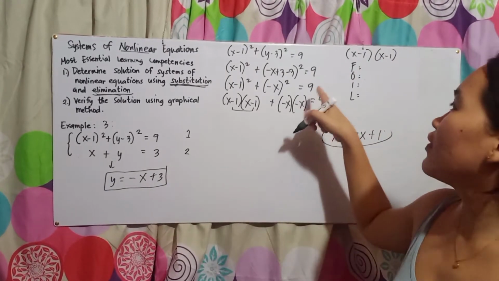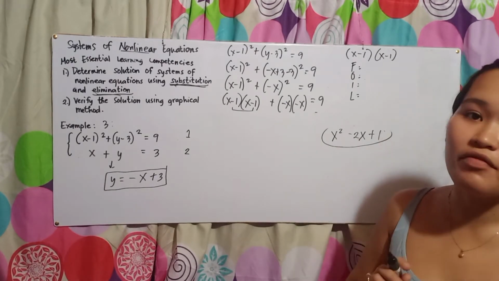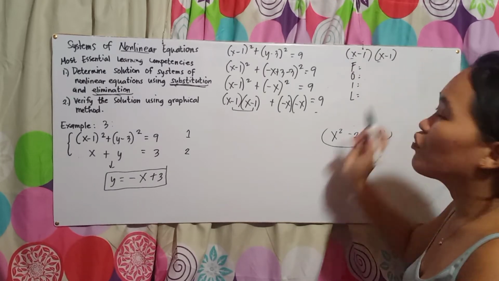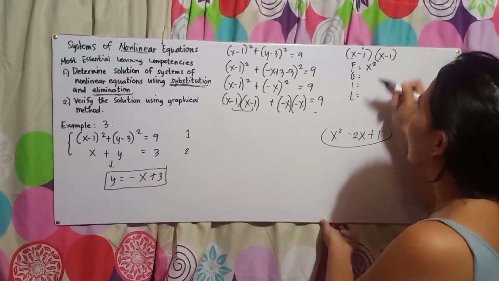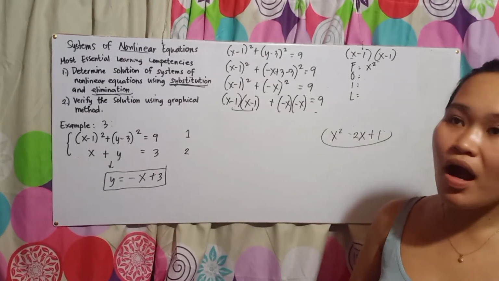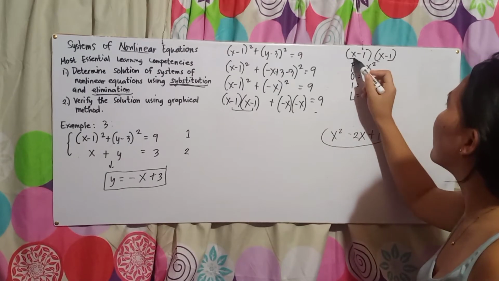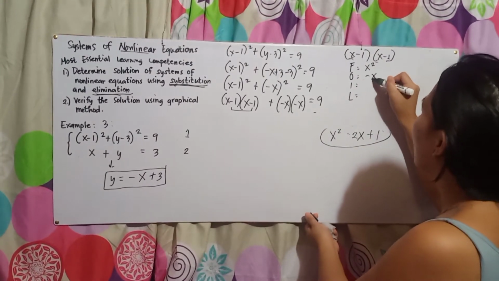Okay, so F stands for first. We multiply the first terms. x times x is x squared. O stands for outer. The outer terms, x times negative 1 is negative x.